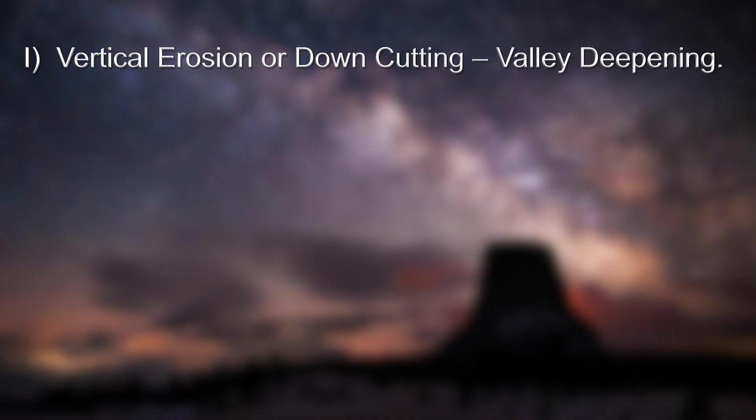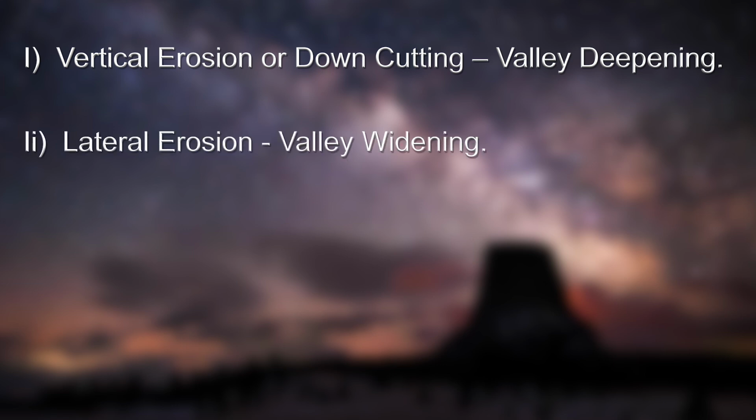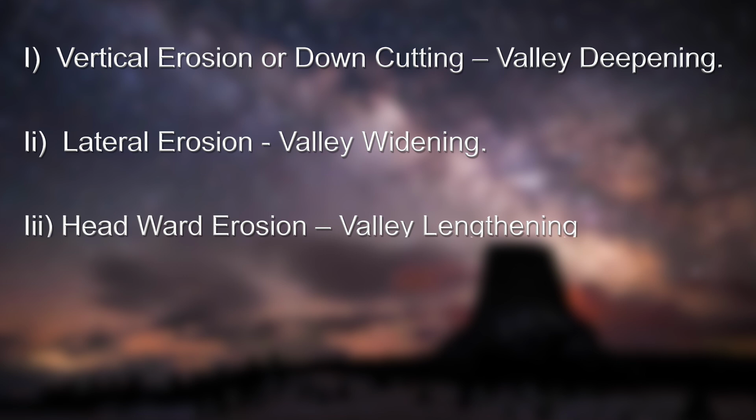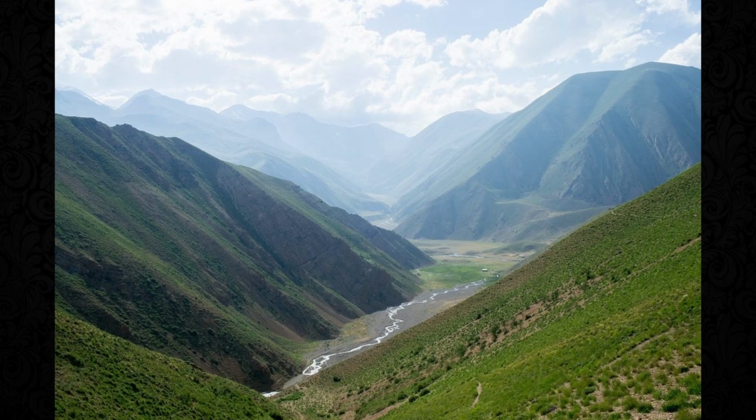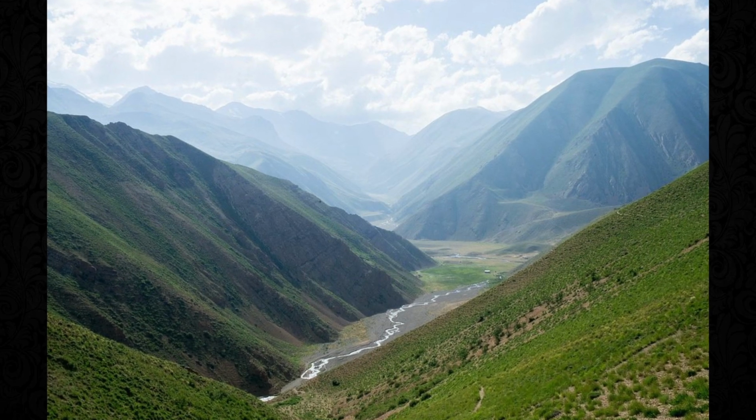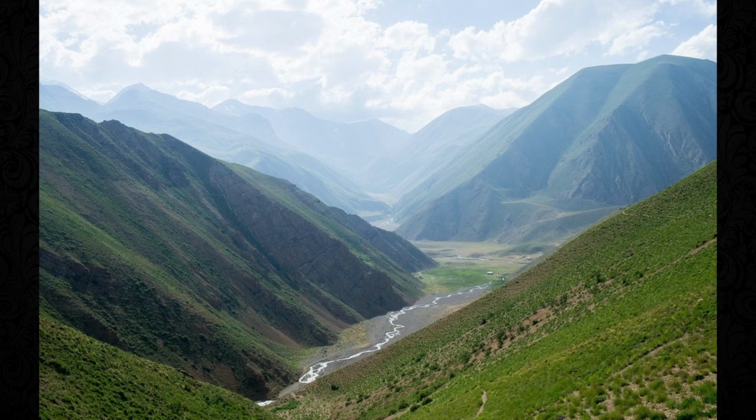The erosional work of the river is undertaken by 1. Vertical erosion, which is called down cutting or valley deepening. 2. Lateral erosion, which involves the widening of the river valley. 3. Headward erosion, which involves valley lengthening. Vertical erosion. In the initial stage of the valley development, the river cuts mainly downwards.